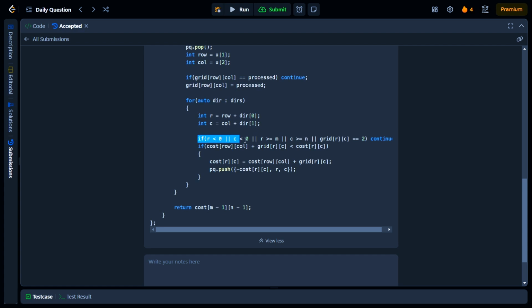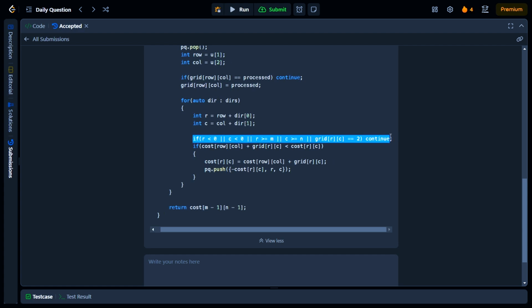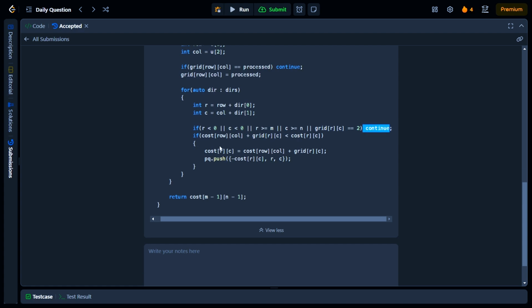And if some of these directions is not valid, maybe they are outside of the grid, or we have already processed this cell before, we skip this and continue with the next iteration. Otherwise, we compute the cost of reaching the new row and column, using grid RC, which is basically the cell that we're moving to.